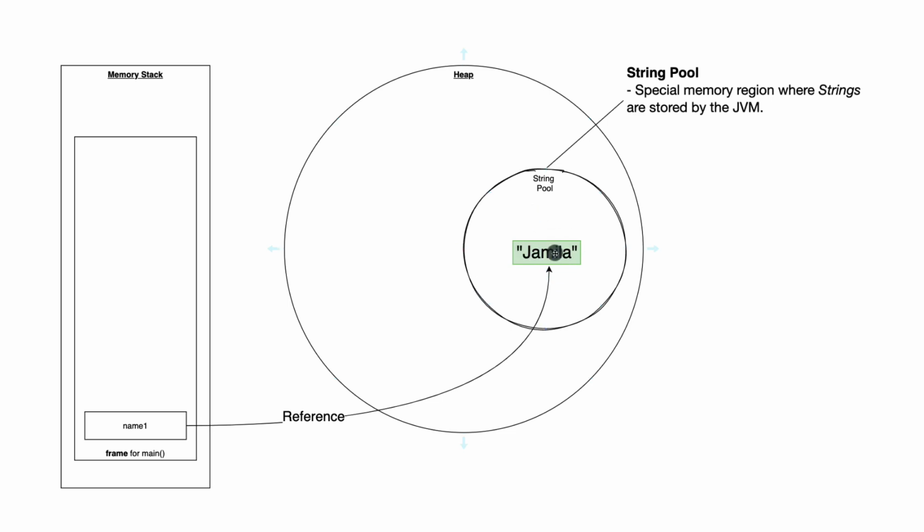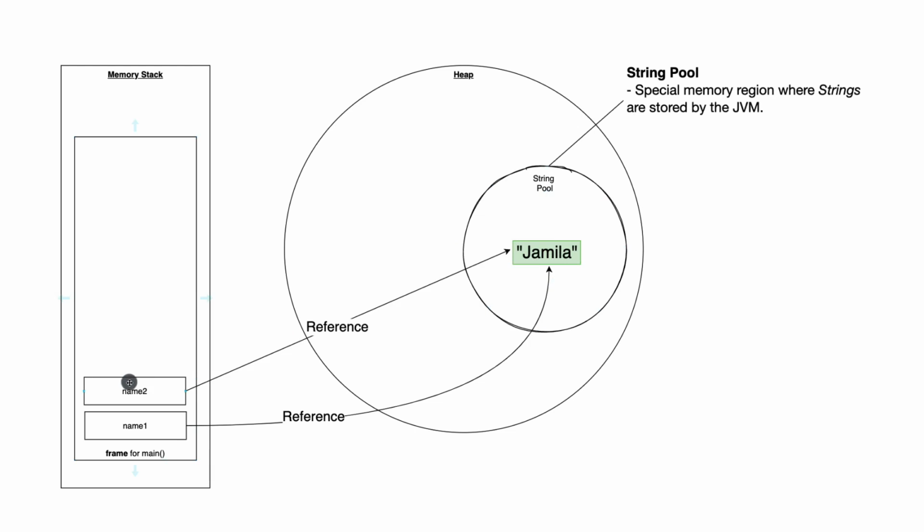So there's no need for it to create a new Jamila like this. So instead, what happens is we have a new variable which is put onto the frame, and this variable now references Jamila in here.